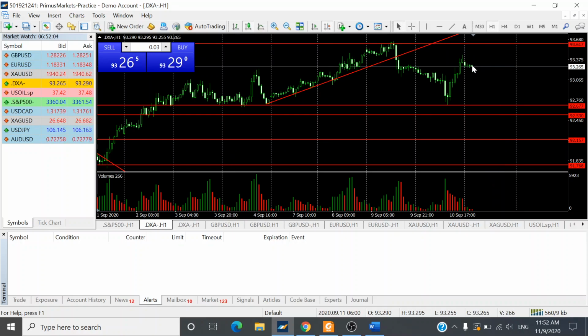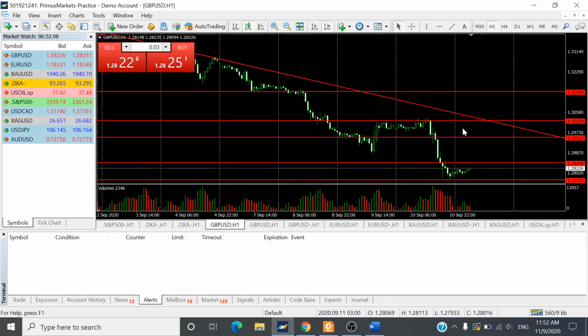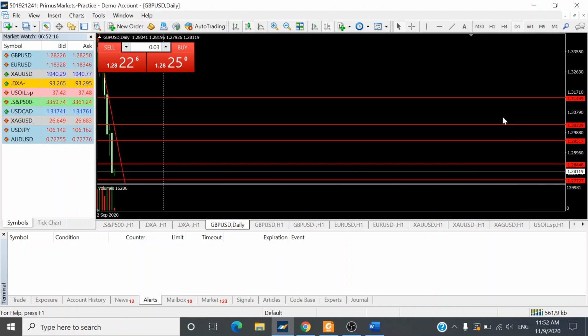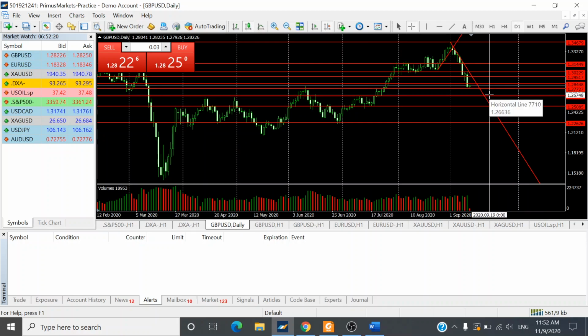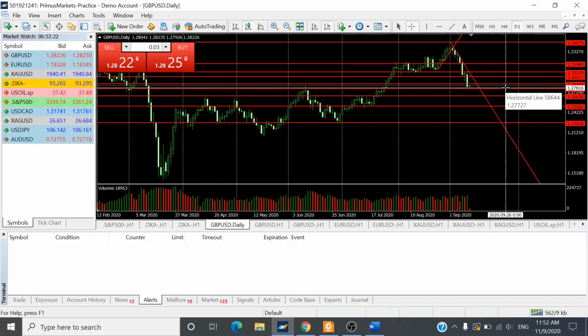So if the US dollar index does strengthen, we could see the UK pound coming back down to test these support levels at 1.2770, which is about 47 pips to the downside. If it weakens further, we could be looking for it to test 1.2730 levels, which is just about 88 pips to the downside.